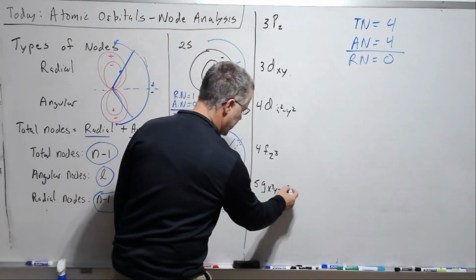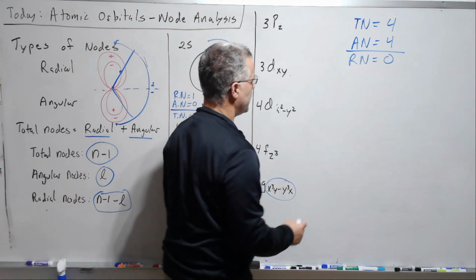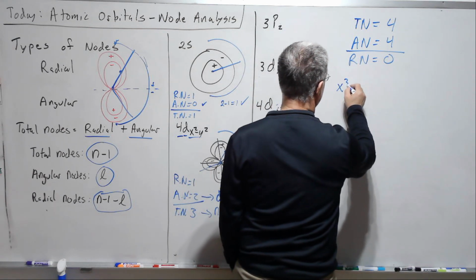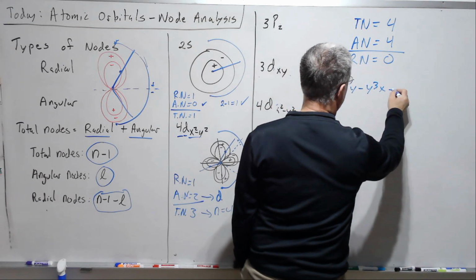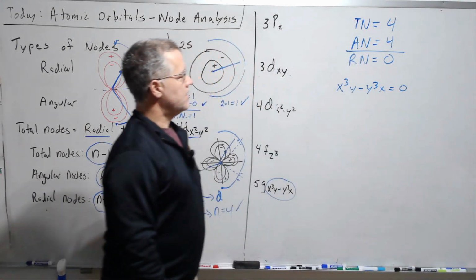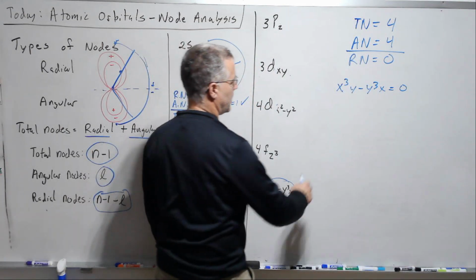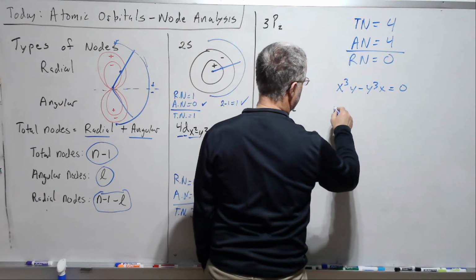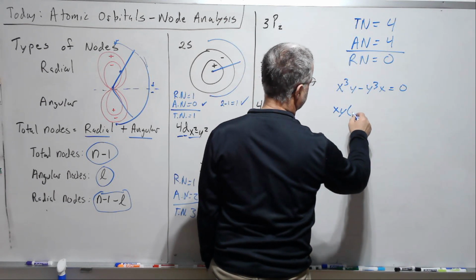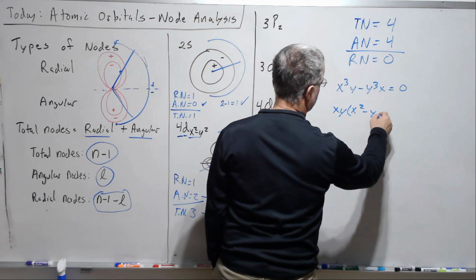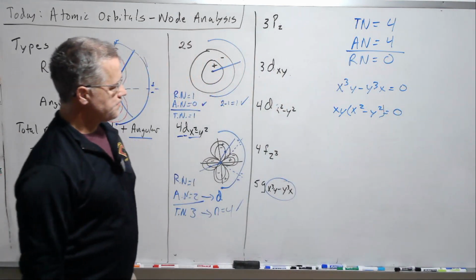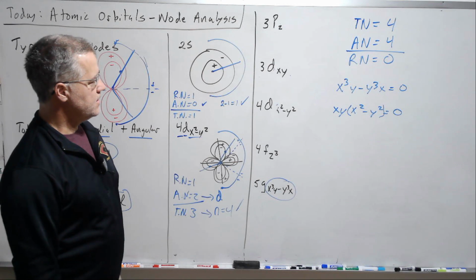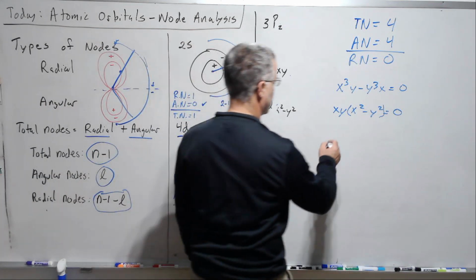So now we need to take this and set that equal to 0. We notice we can see a common xy in both of these. And we get that. And now we can see the solutions here.